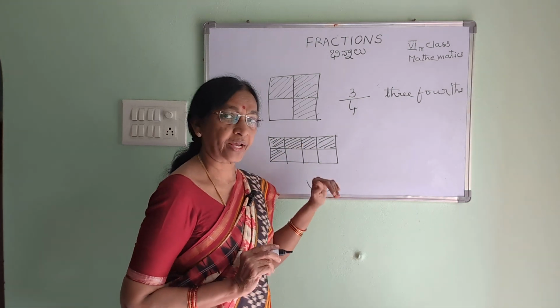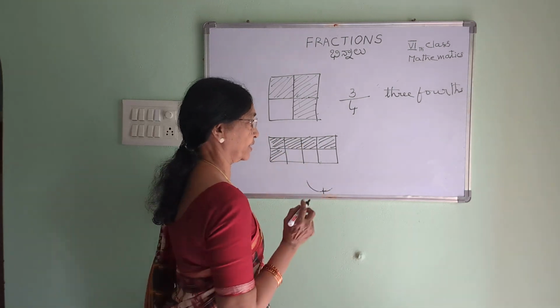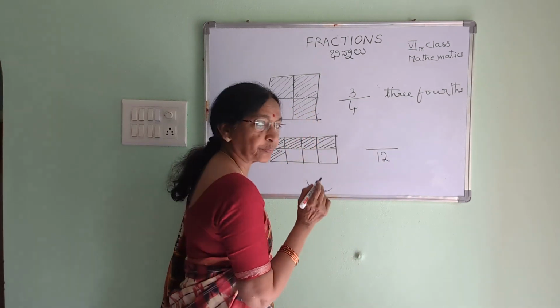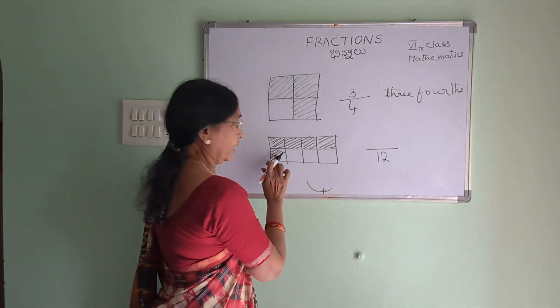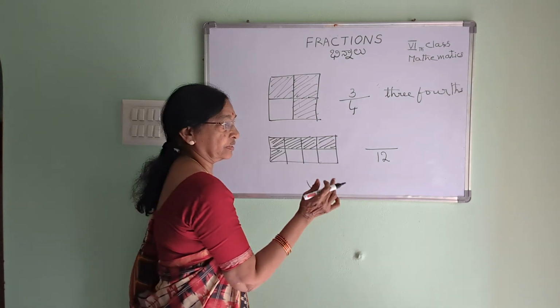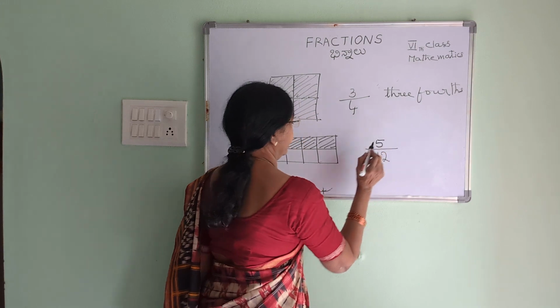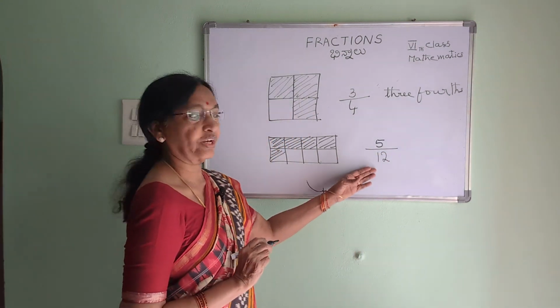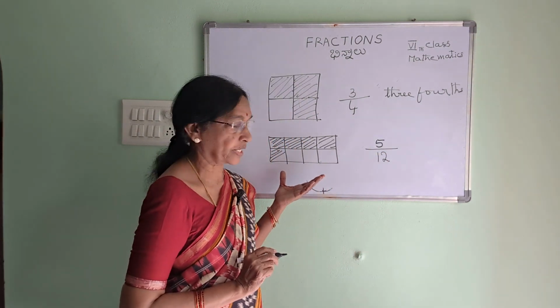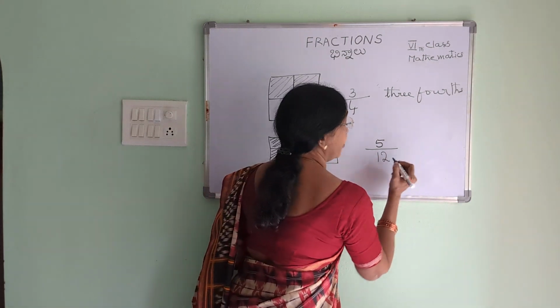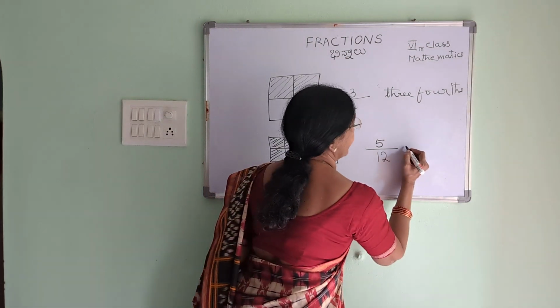So what fraction of the rectangle is shaded? The total number of equal parts is 12, written below the line, and the number of equal parts considered is written above the line, 5. Therefore, 5 by 12 is the fraction of the shaded portion, or this is read as 5 twelfths.